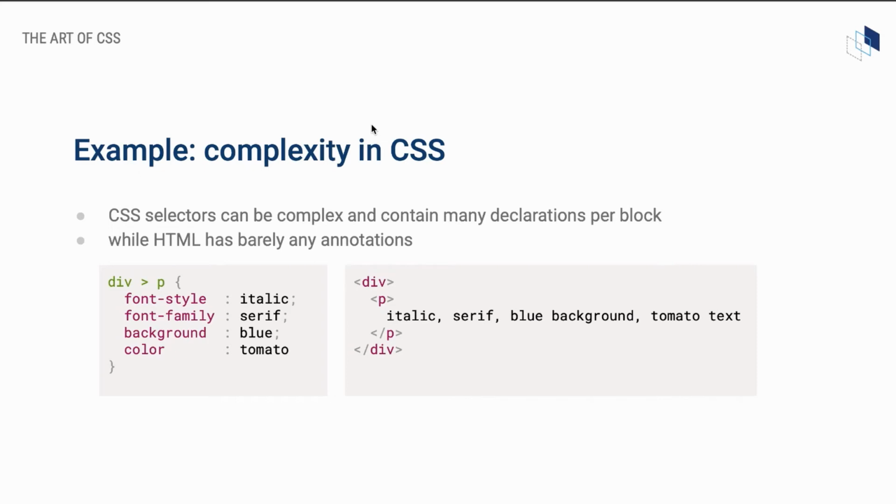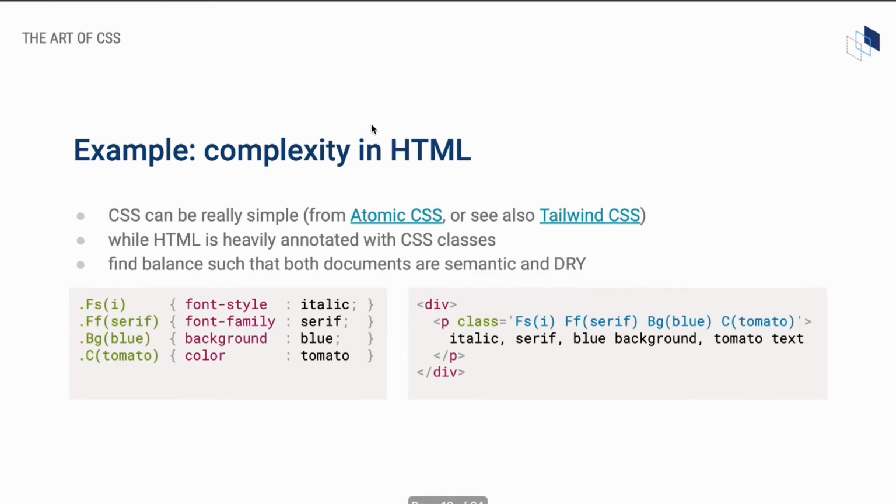This can be useful if, for example, our source material came from Markdown, where there is no facility to insert CSS classes. Or we can go the other direction and say we want our CSS to be as simple as possible. The example you have on the screen now is from Atomic CSS, but Tailwind CSS follows the same idea.